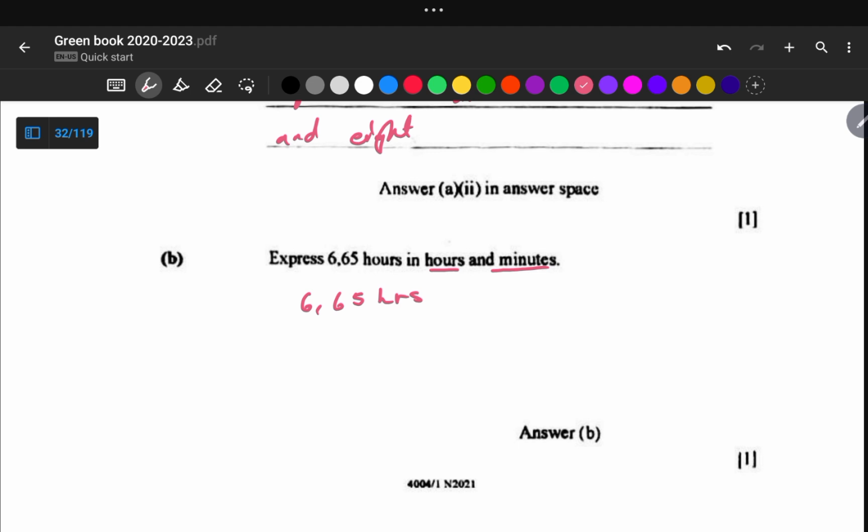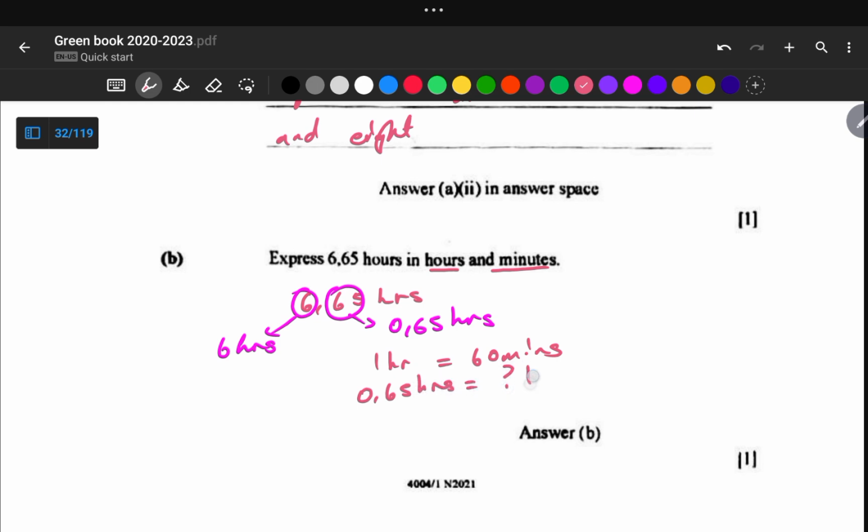This simply means that the 6 here is 6 hours. So we are then required to calculate how many minutes are 0.65 hours. Given that 1 hour is equal to 60 minutes, what about 0.65 hours?